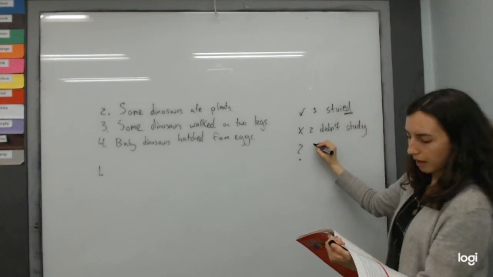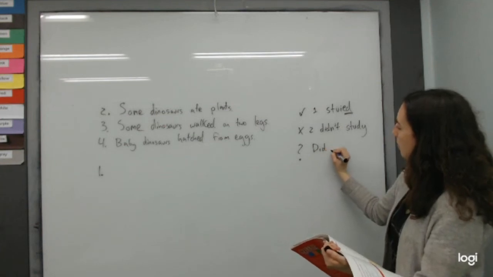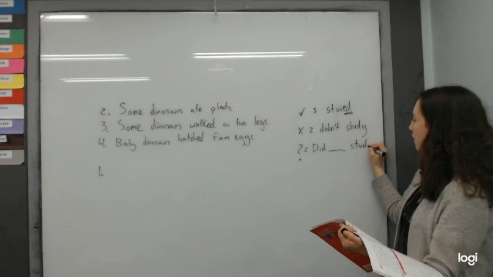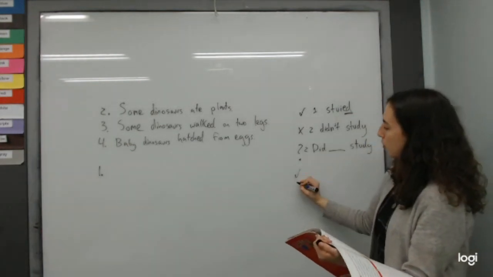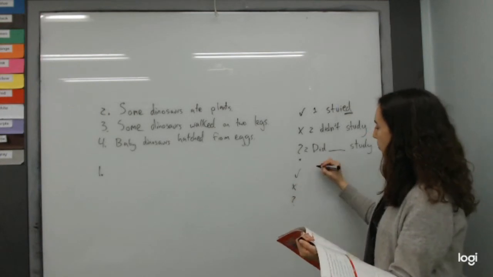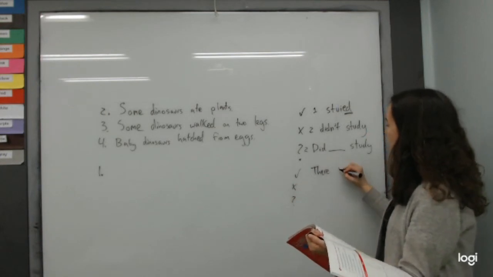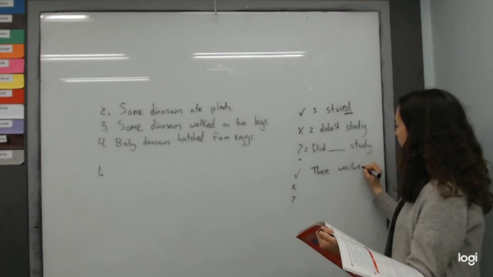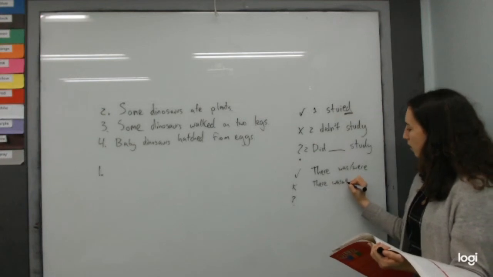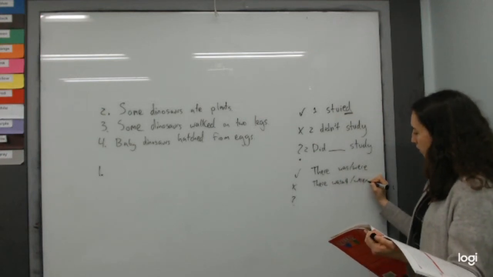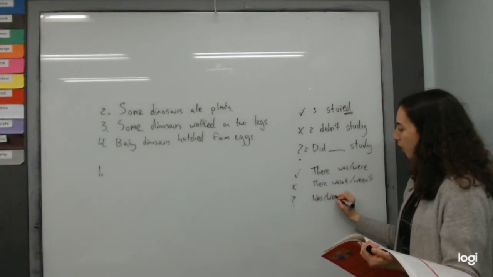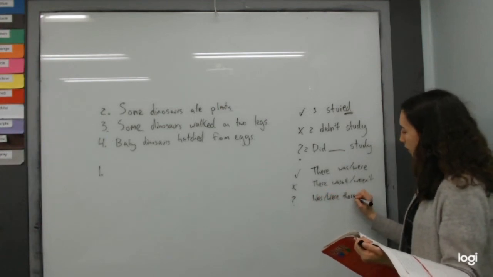In a question, we have did, person, 2 verbs. First did, person, and then studied. We also have to remember there was and there were. So we can start there was, there were, and we can say there wasn't or weren't. And last is was or were, there.